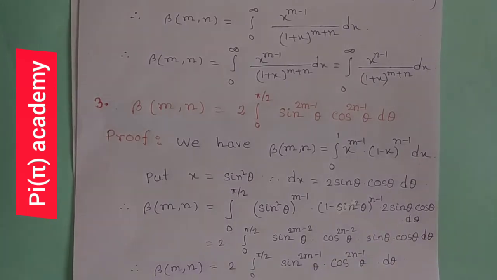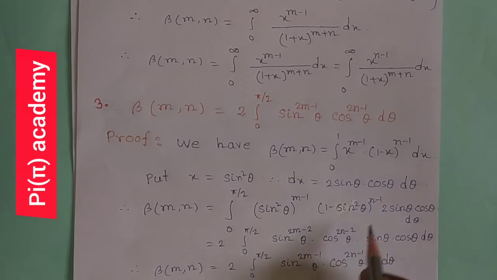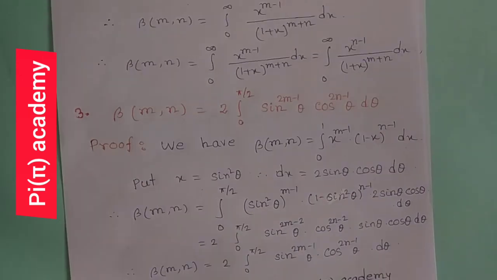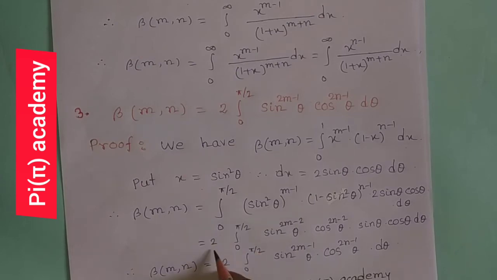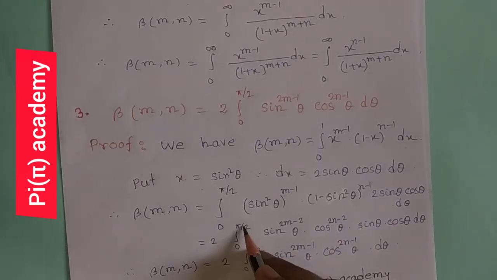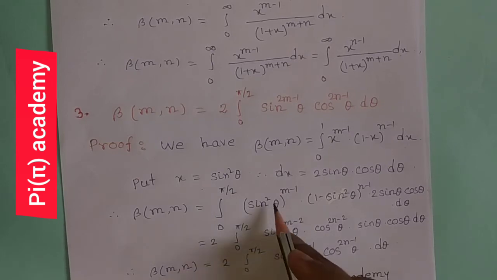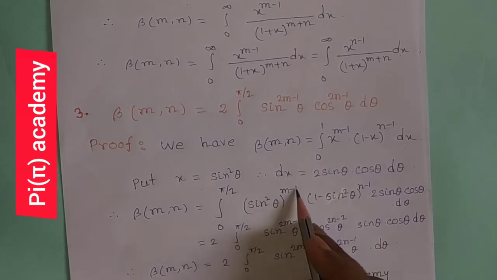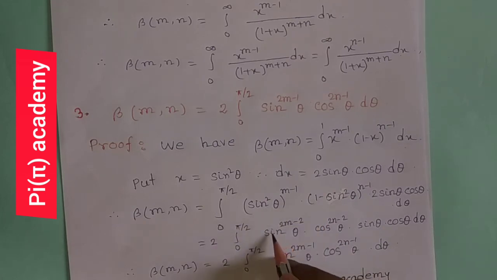Now I calculate. Here is 2, so beta mn equal to 2 into integral 0 to pi by 2, this 2 is this 2, sin to the power, here 2 and m minus 1 will be multiplied, therefore sin to the power 2m minus 2 theta into cos.